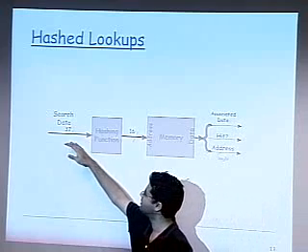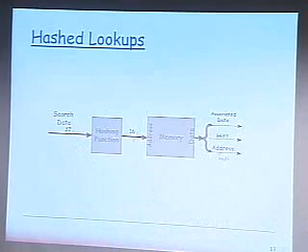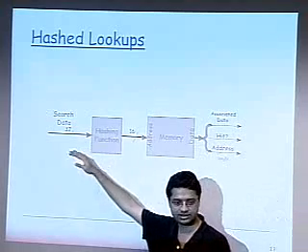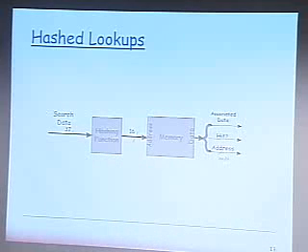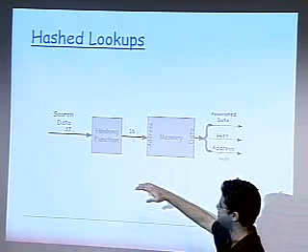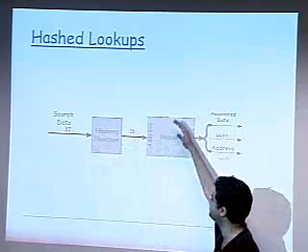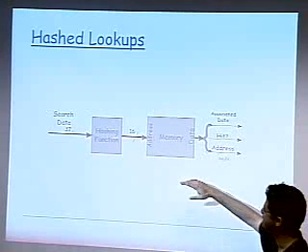Well, we had established that we don't need a direct lookup table which uses all 32 bits, right? Because the number of networks that exist is much smaller than 2 raised to 32. So what you do is you build a hash function which maps the network address into 16 bits. The hash function will give you 16 bits.